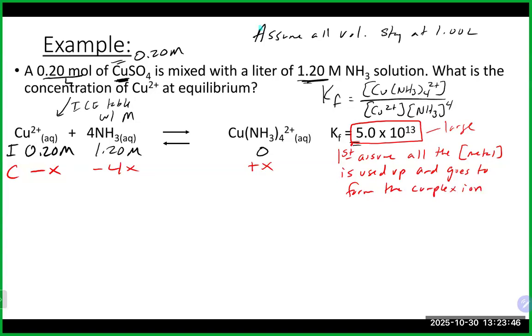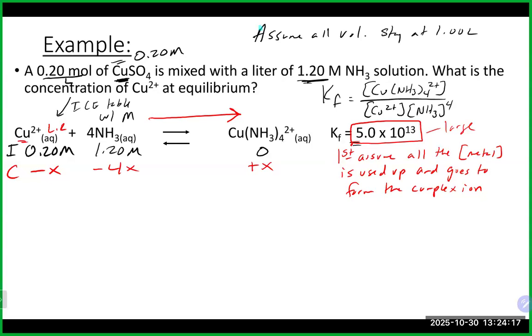Since the copper in this case is the metal that's in the middle of the complex ion, it is like our limiting reagent. Once that is gone, we can't make any more complex ions. So because the K value is so large, we're going to assume for the sake of this calculation that it is like a one-way direction. It's all going towards the product side. And this is definitely our limiting reagent because you just can't make a complex ion if you don't have any more of that metal left.